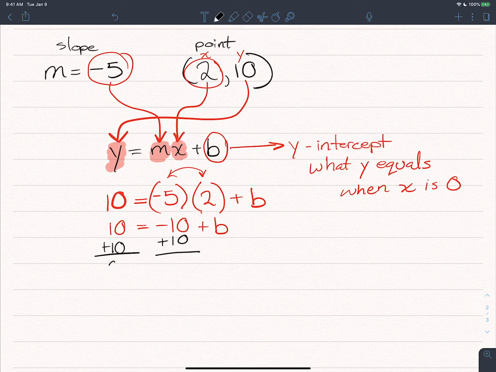On the left side, we get 20. On the right side, -10 plus 10 is 0, and our plus b didn't change. Anything plus 0 is the same number, so we can just write that as b. So now we have 20 equals b. Now we've solved for b.